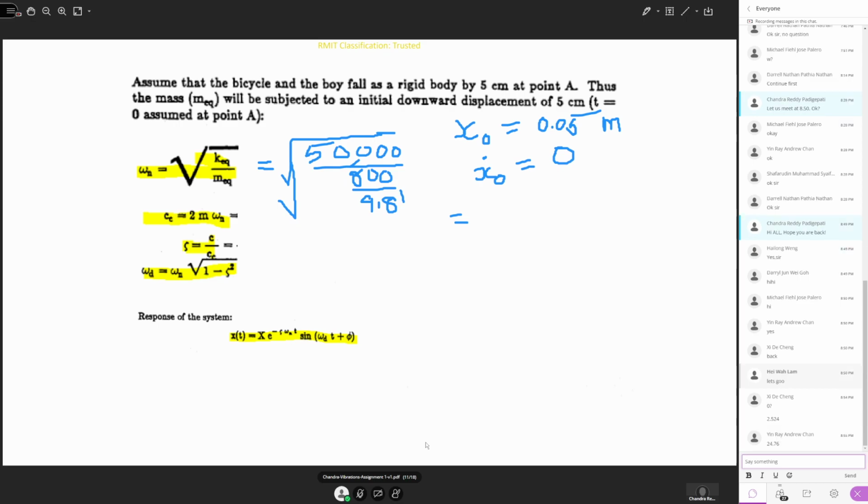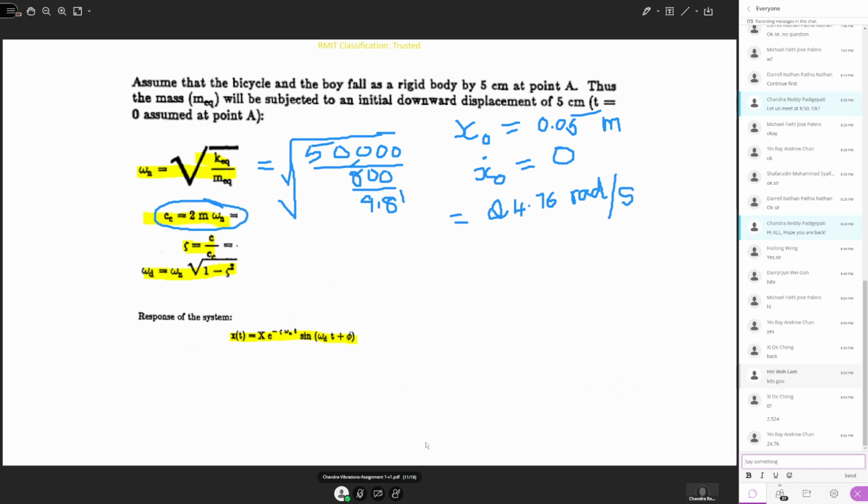Yeah, that's correct, Andrew, but you need to give me the unit also. 18 per second. Yep. So this will be 24.76 radians per second. So this will be the natural frequency of the boy and bike system.